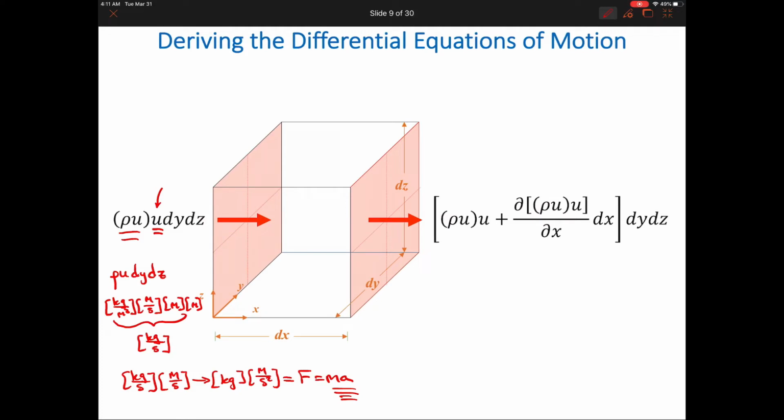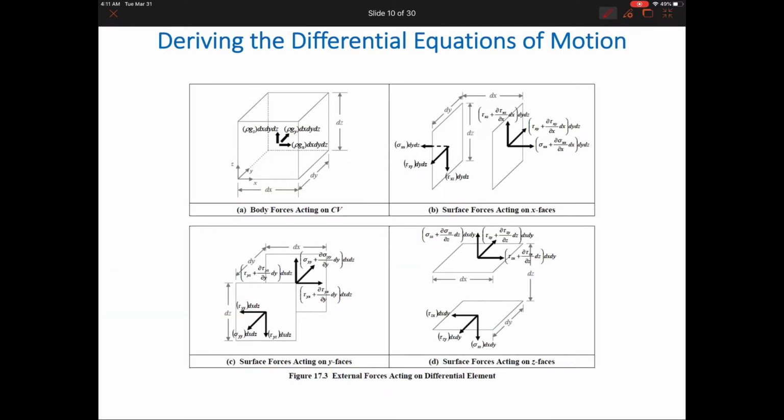So on the right-hand side, we have the same momentum transfer that we started with, but now we need to deal with the potential gradient as a result of moving in the x direction. So what we're looking at here is figure 17.3, and these are all the forces.